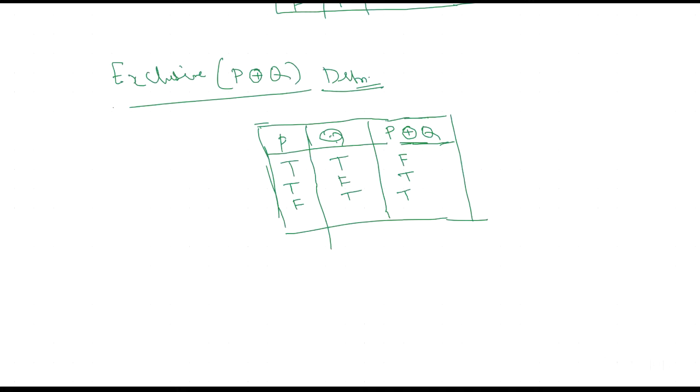Suppose P is false, Q is false, P ⊕ Q is false.